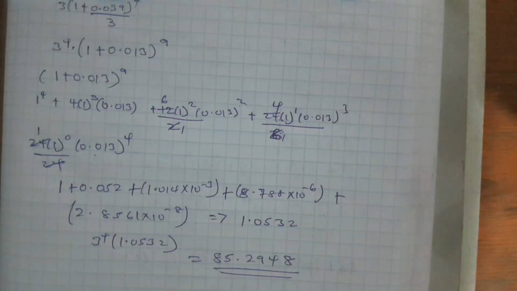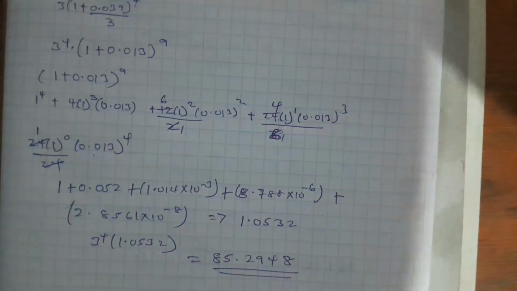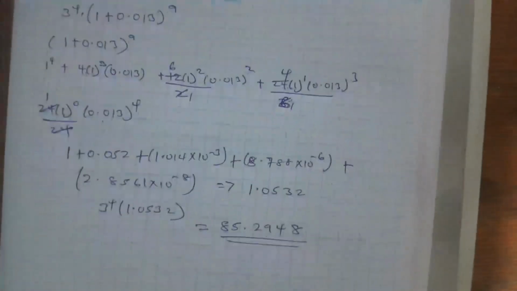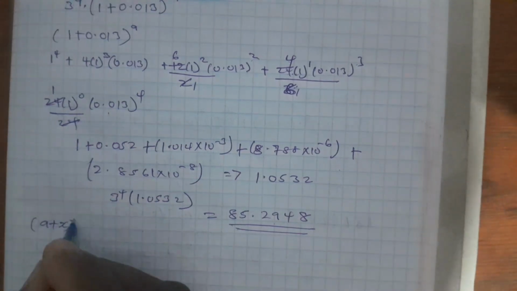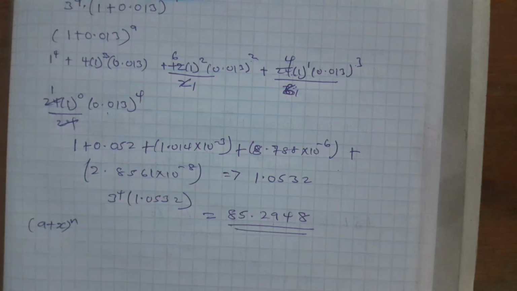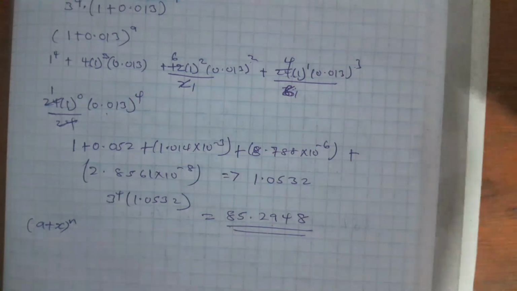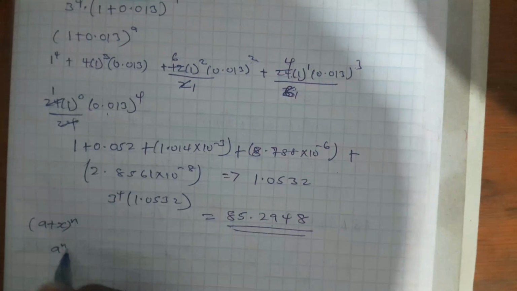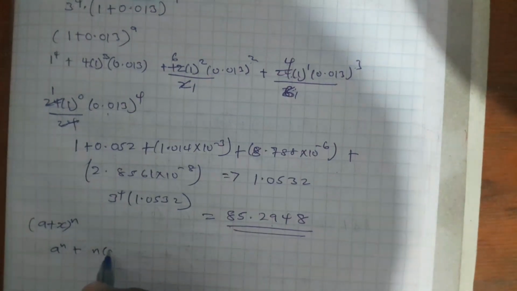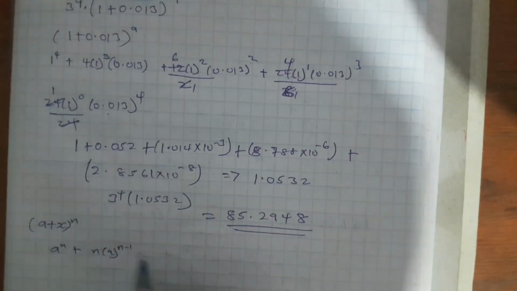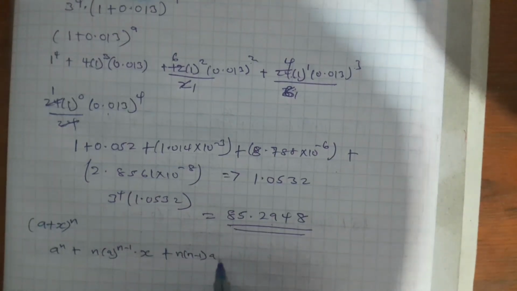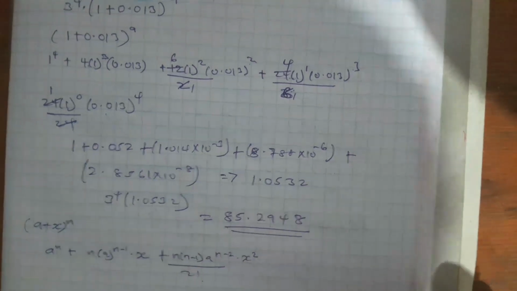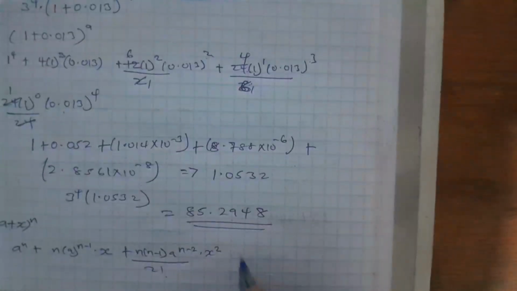Let's rewind this video by reminding ourselves of the binomial series formula. If you have (a + x) raised to the power of n, using the binomial series to expand this, you will have a to the nth power plus n a to the n minus 1 x, plus n(n minus 1) a to the n minus 2 x squared over 2 factorial. 2 factorial means 2 times 1.